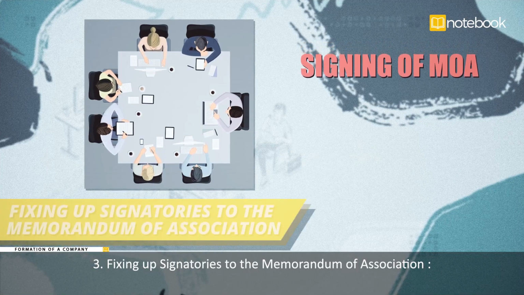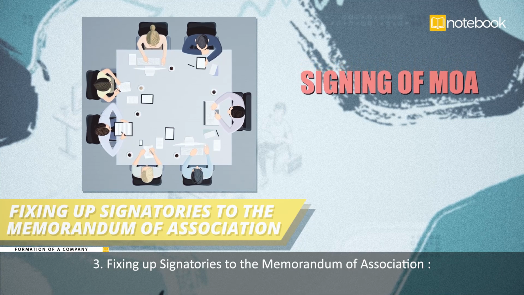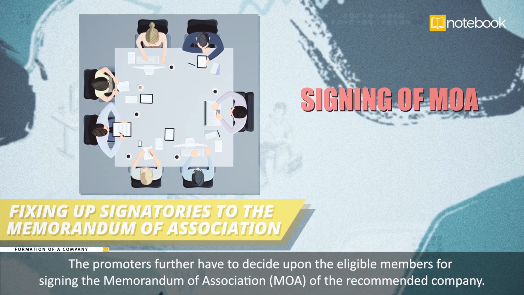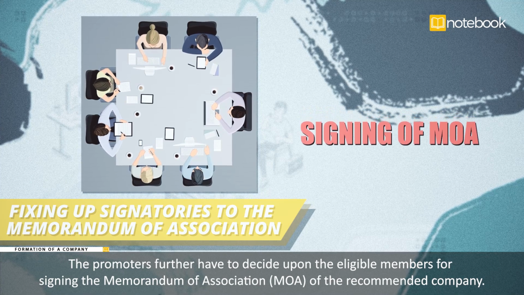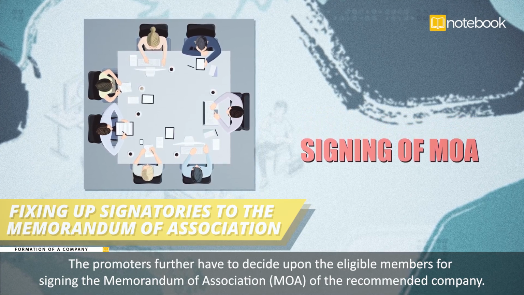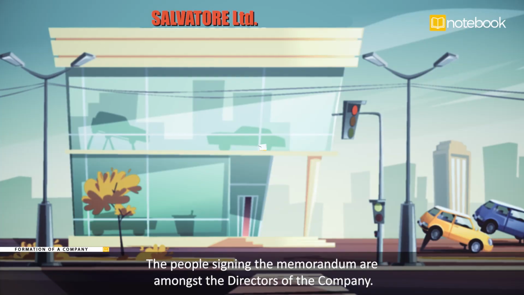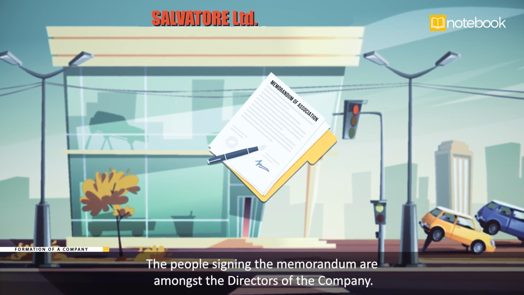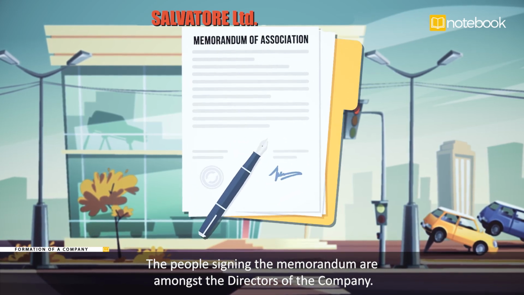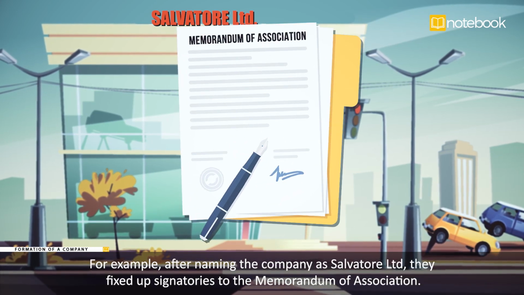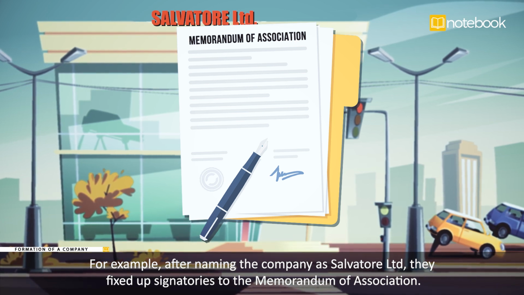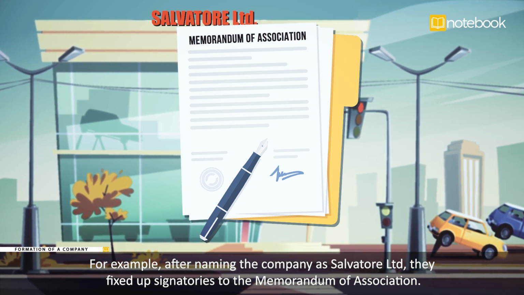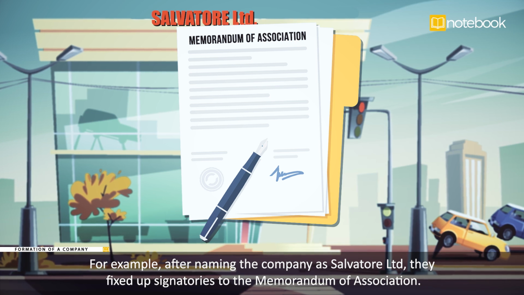Fixing up signatories to the Memorandum of Association. The promoters further have to decide upon the eligible members for signing the Memorandum of Association of the proposed company. The people signing the memorandum are among the directors of the company. For example, after naming the company Salvator Limited, they fixed up signatories to the Memorandum of Association.